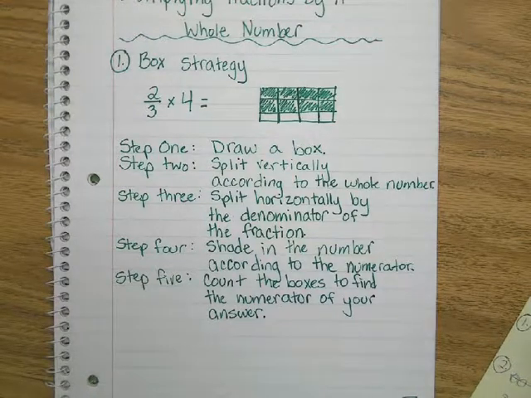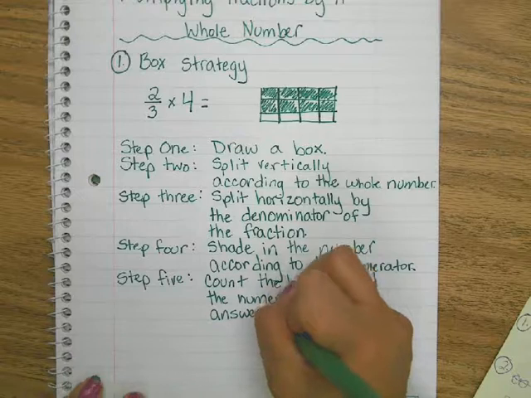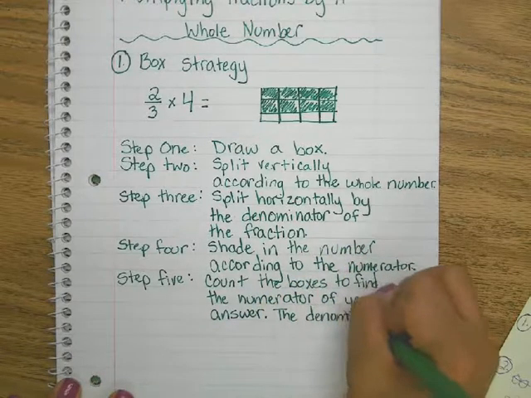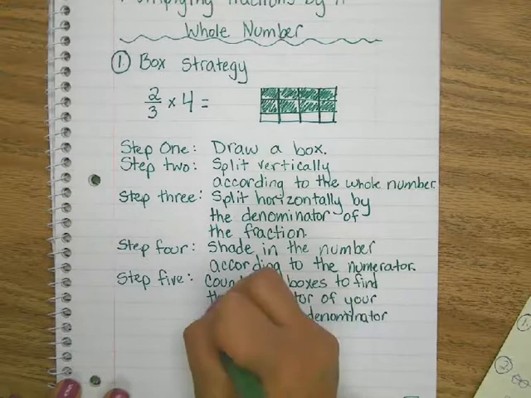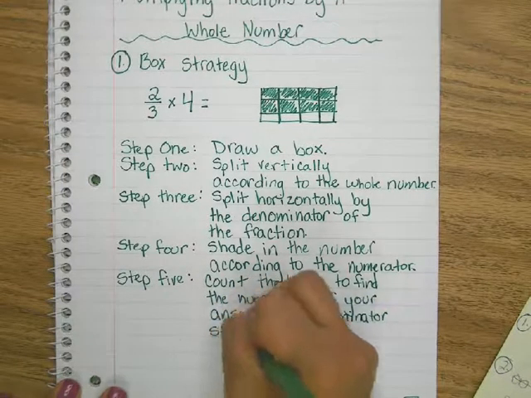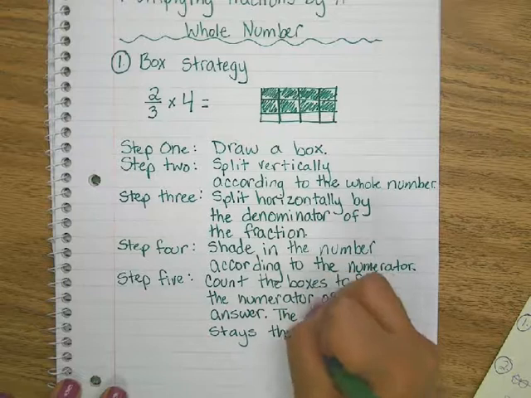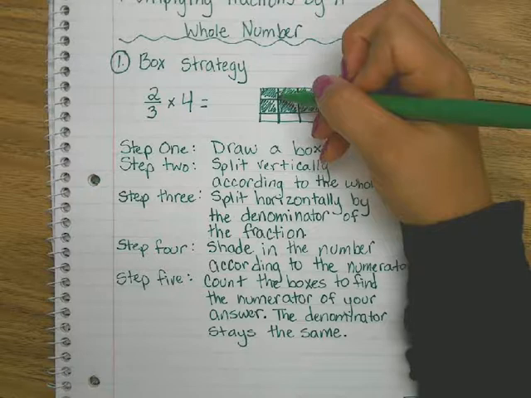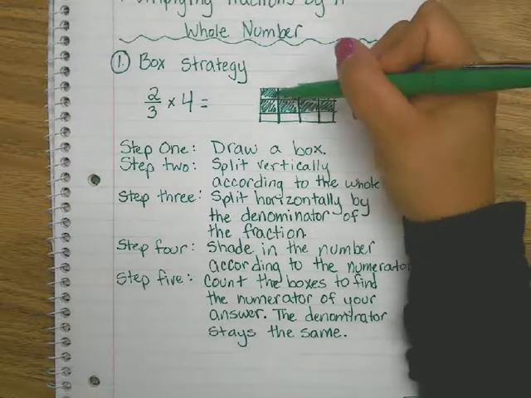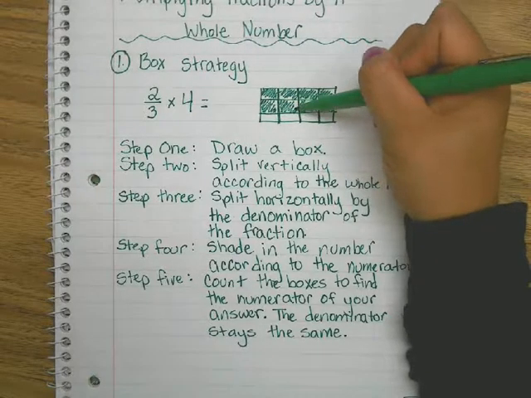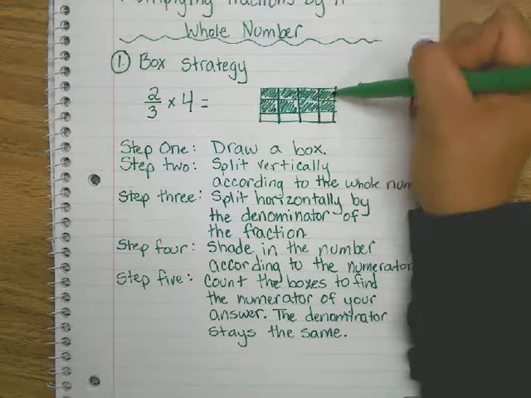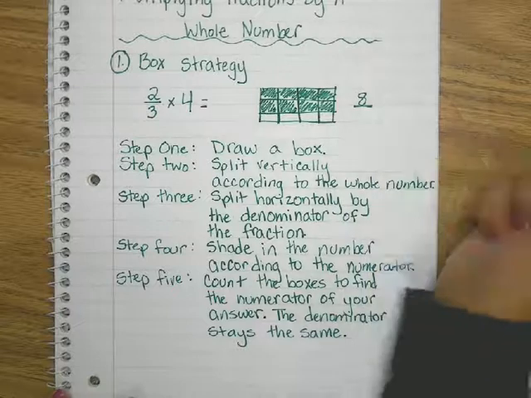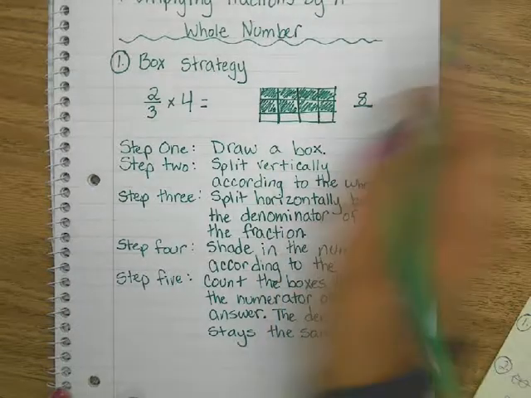So I'm going to add that. The denominator stays the same. So if I come back here, I'm going to count 1, 2, 3, 4, 5, 6, 7, 8. The 8 is my numerator. My denominator stays the same. So that was the 3.